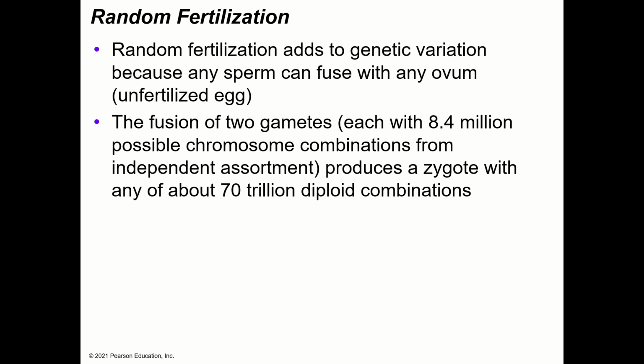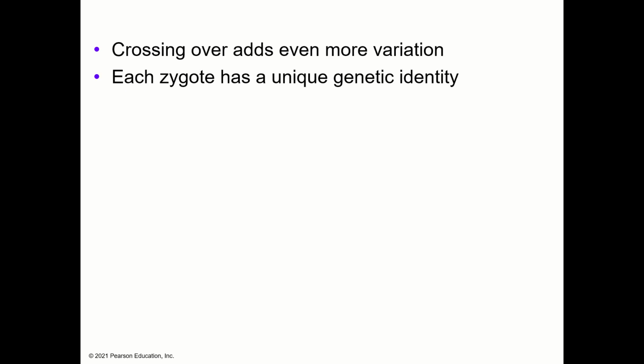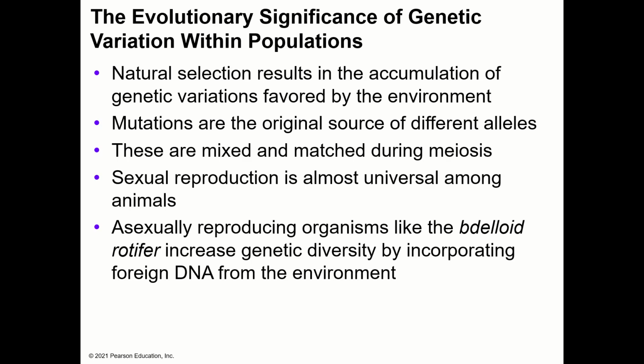So, you are essentially 1 in 70 trillion of a combination of your parents. Crossing over adds even more variation. Each zygote has a unique genetic identity.